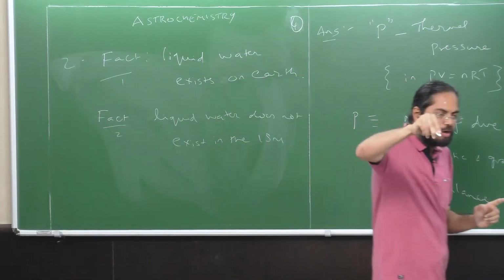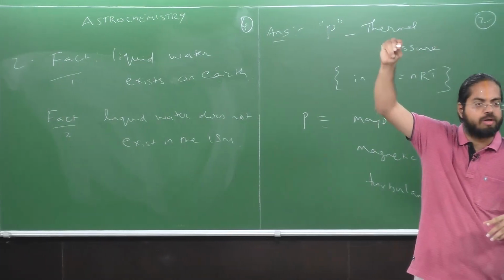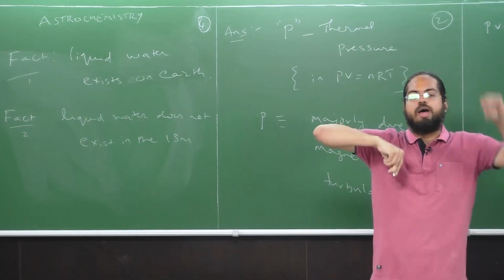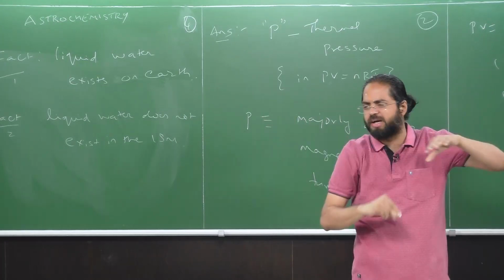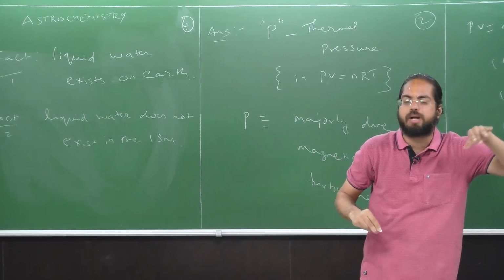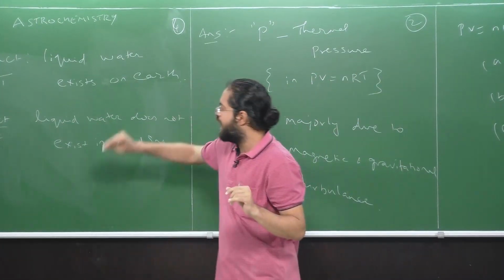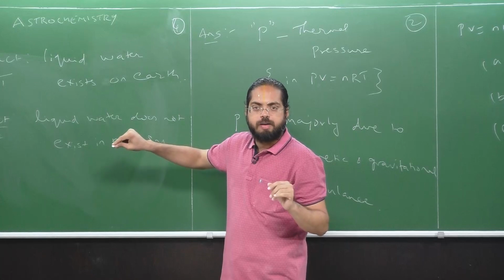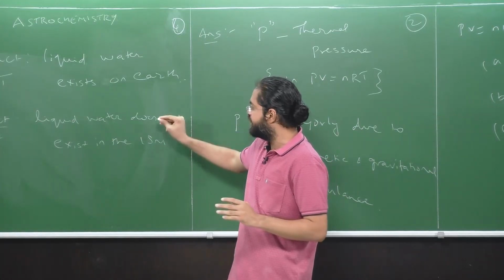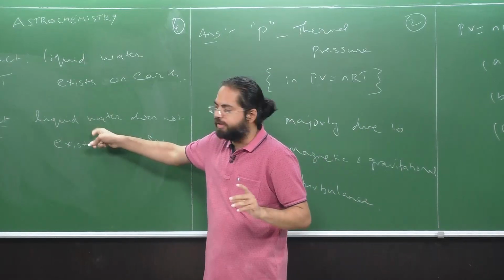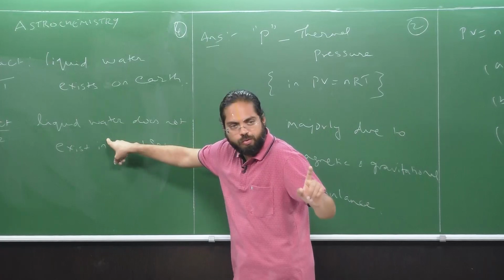I was drawing the phase diagram probably in lecture 8, and I was discussing the various facets of the phase diagram and how we know the triple point of water, which happens to be at very low pressure, significantly less than 1 atmosphere, and around 273 point some Kelvin, right? That combination of temperature and pressure was not possible in the ISM. So liquid water does not exist in the ISM. So this is a fact. It's true. It's not false. This is also a fact.